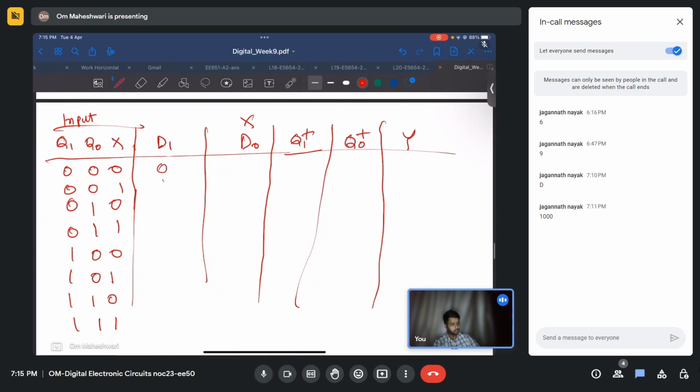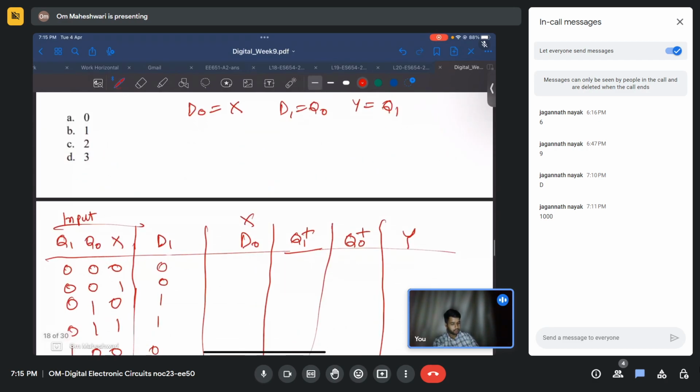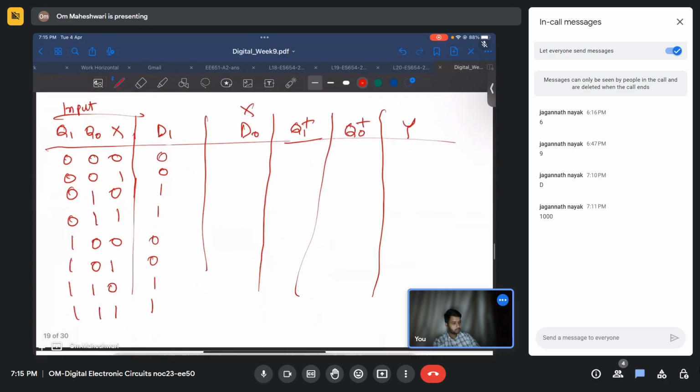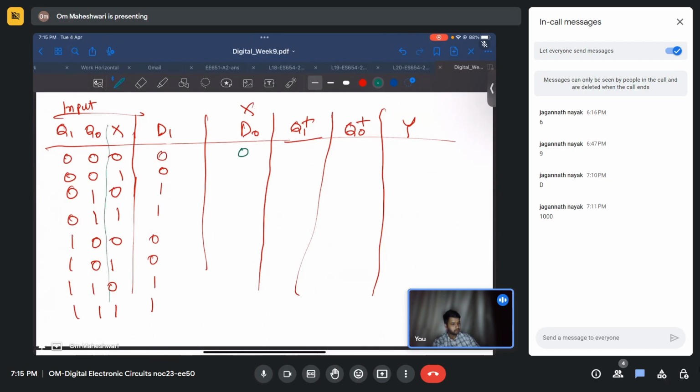It will be 0, 0, 1, 1, 0, 0, 1, 1. And D0 is X. So X is this column 0, 1, 0, 1, 0, 1, 0, 1.